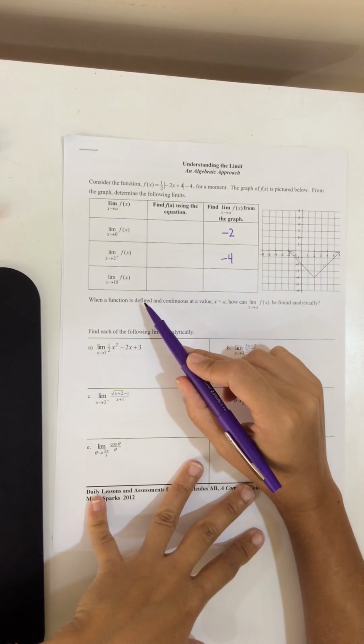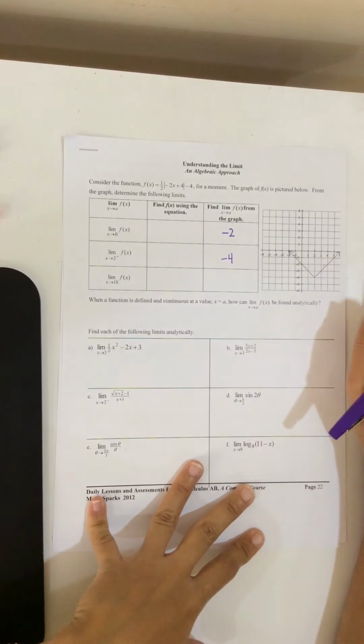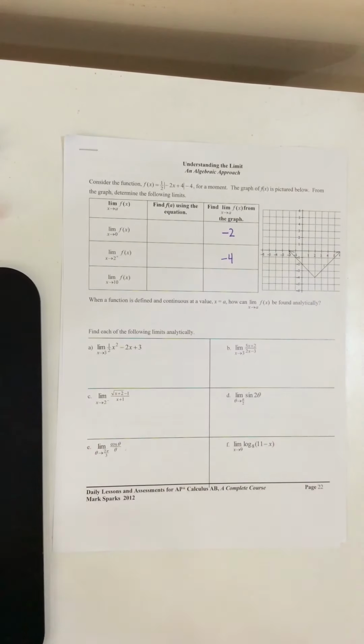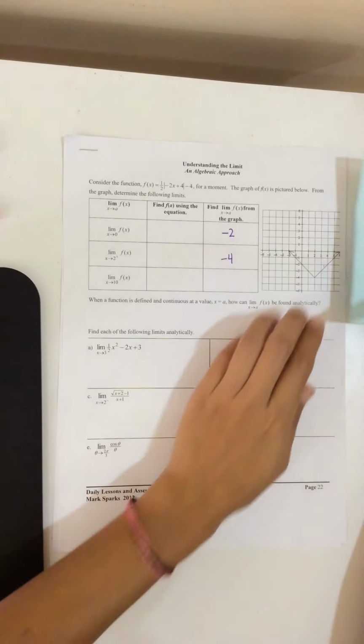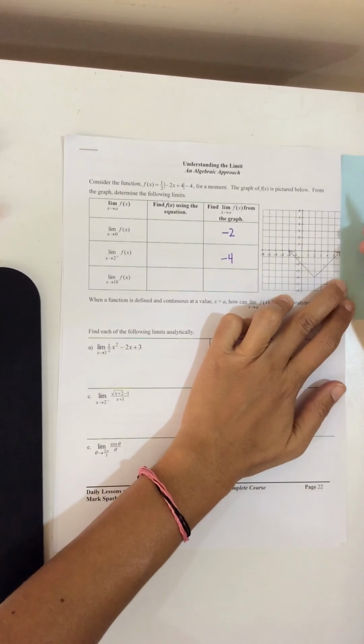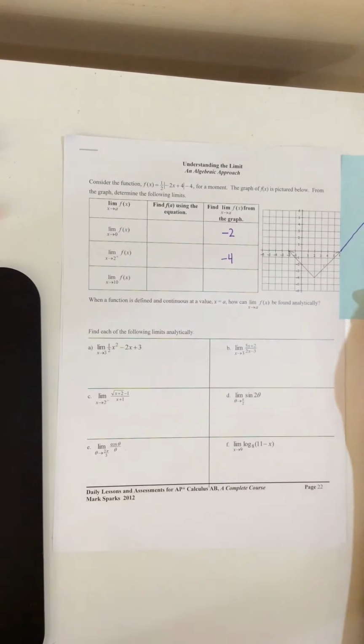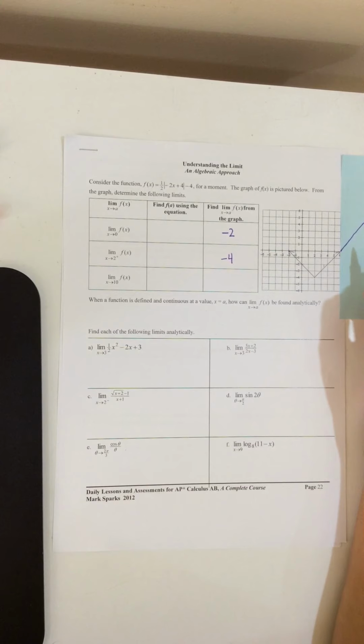And then the next one says as x approaches 10, and I can't see 10, but if it kept going, we could figure that out, right? I don't know why they showed us this graph and it doesn't approach it, but if it keeps going up, as x approaches 10, what's going to happen?